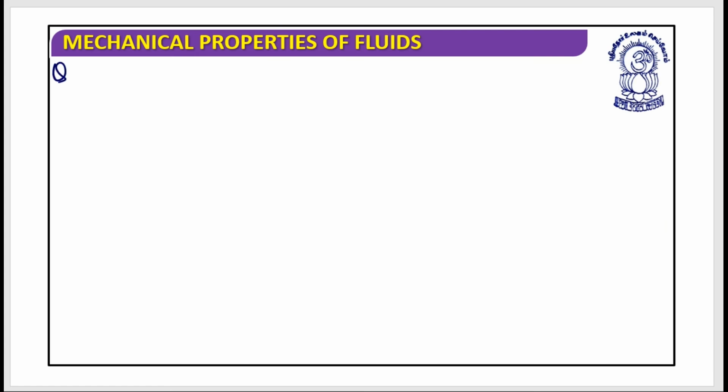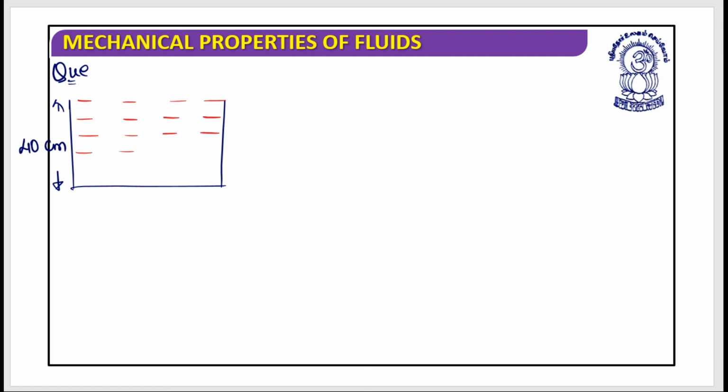Let's have a look. Let's understand the situation well. Let's suppose this is 40 centimeter. It has been filled up with this fluid, and we have made a hole at the bottom.